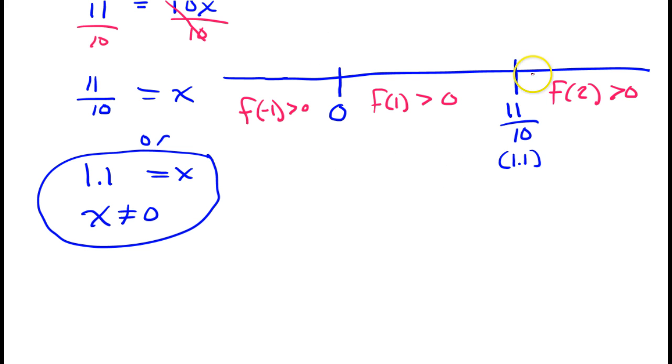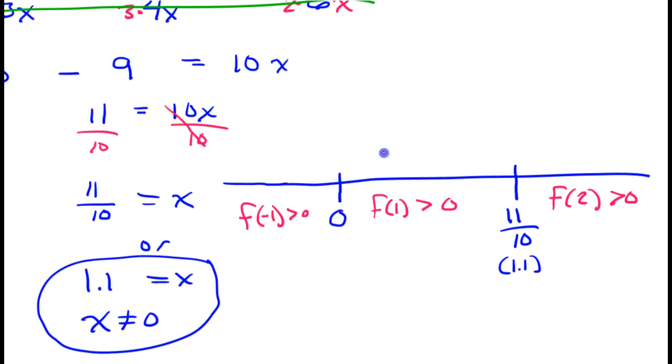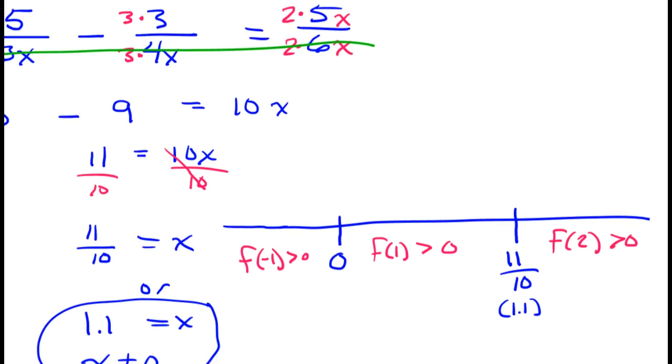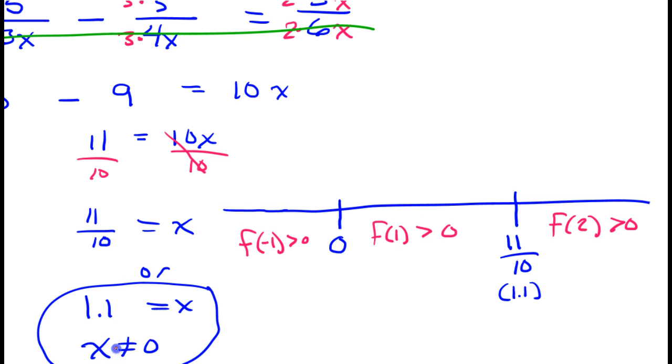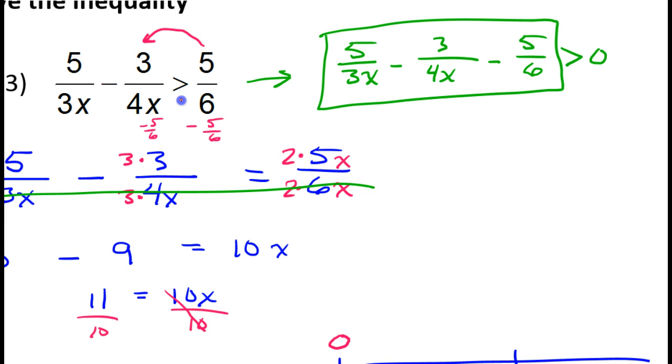Okay, now, as far as the border points, the endpoints, I'm going to put some circles there, and they will either be open or closed. Now, excluded values will always be open circles, so this will definitely be an open circle. Now, the solution, the 1.1, the 11 over 10, will either be open or closed depending on this symbol.